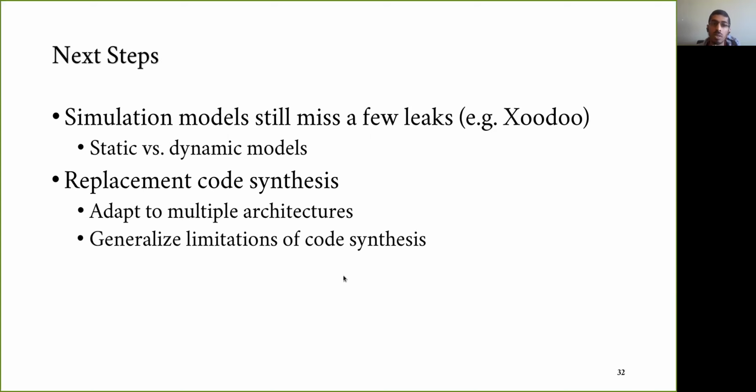Generalizing the limitations of code synthesis is much more related to the point where, let's say, we have an unknown device, and we need to find out if, for a given set of instructions in this device, we can fix each leakage that we can find.